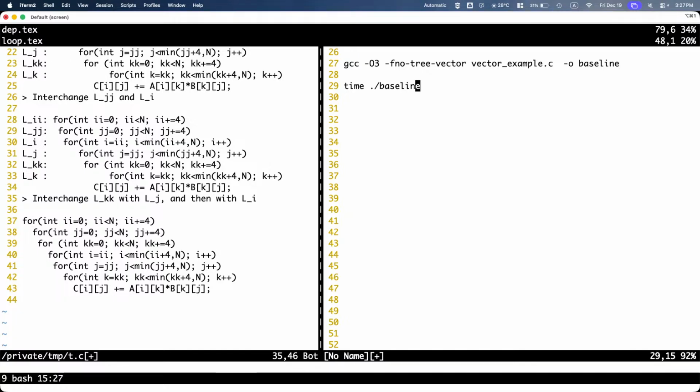Now you do the transformation and you get another code.